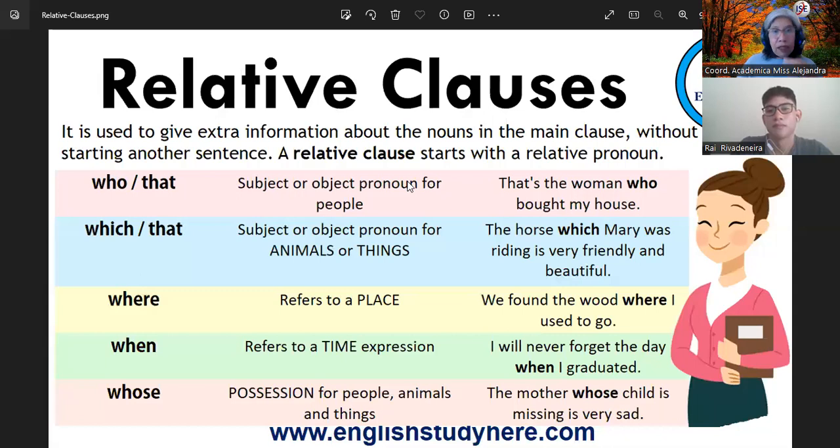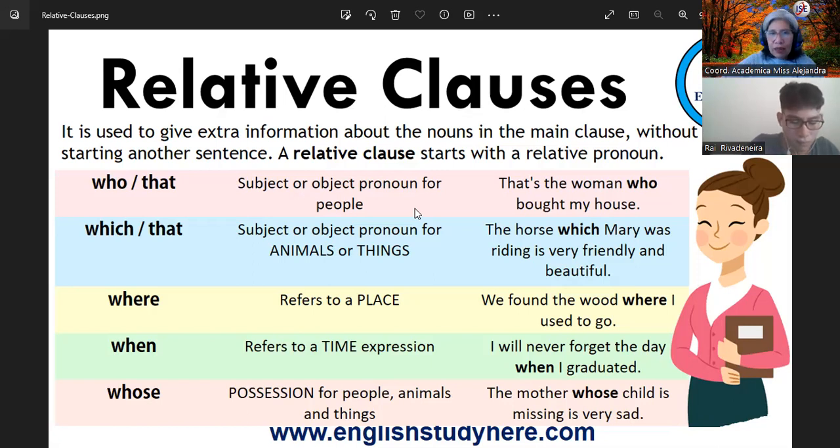Relative clauses. It is used to give extra information about the nouns in the main clause without starting another sentence. A relative clause starts with a relative pronoun. Who or that: subject or object pronoun for people. You can use who and that for people.